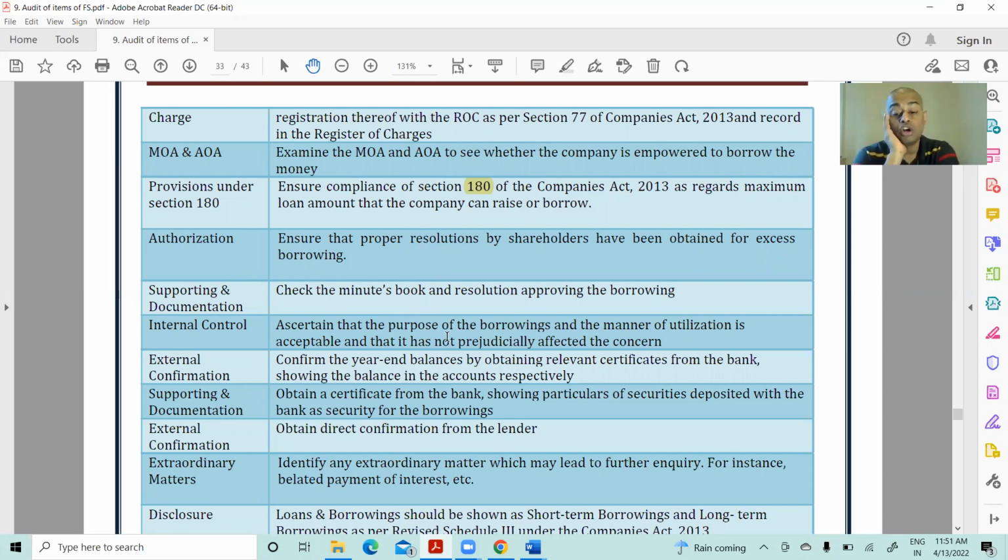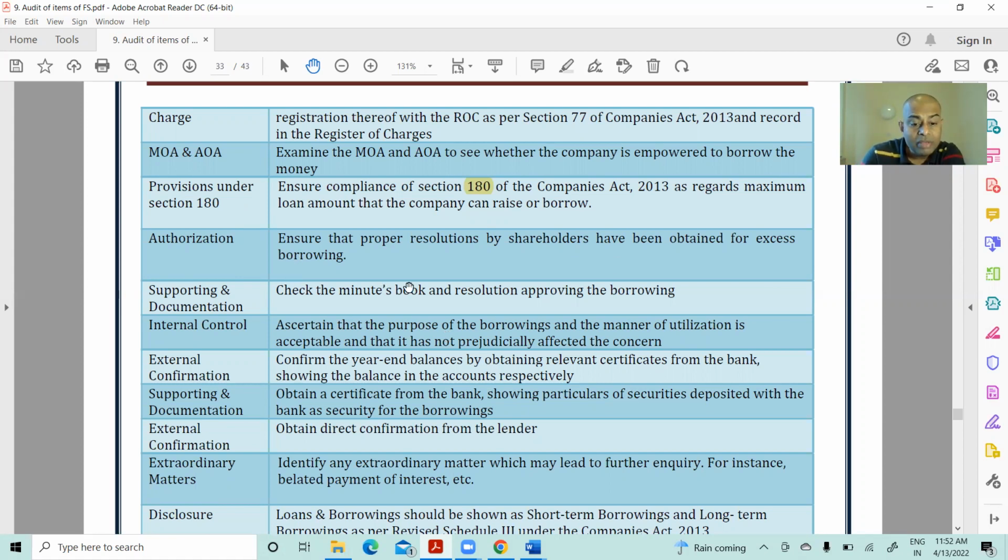If you asked the directors, this amount is exceeding the 180 limit, have you taken any resolution from shareholders, and the director said, yes, sir, we have taken resolution, no, you cannot just inquire. You have to verify. Open the minutes book, see the resolutions passed, and whether the resolution is submitted with the registrar of companies. All these things you need to verify.